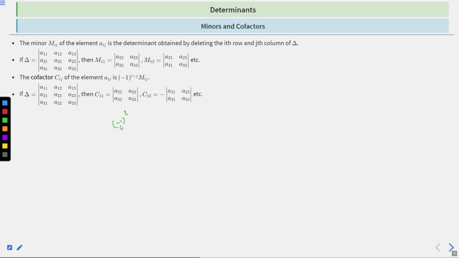So C11 will be equal to M11, and C12 is basically minus M12, because minus 1 to the power 1 plus 2 is minus 1 to the power 3, which is minus 1, right? So C12 is basically minus M12. Clear? So by this method, we can calculate minors and cofactors.